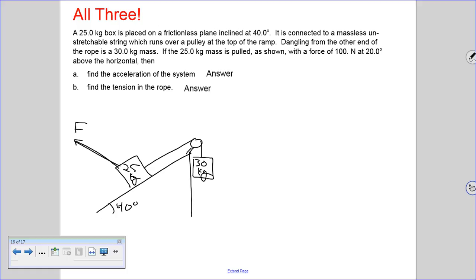So the force is 100 newtons at 20 degrees above the horizontal. All right. So we got to find the acceleration of the system as well. Are we good? Okay.